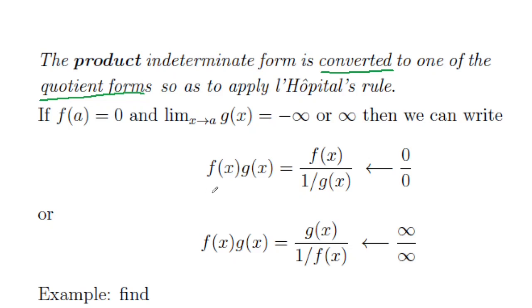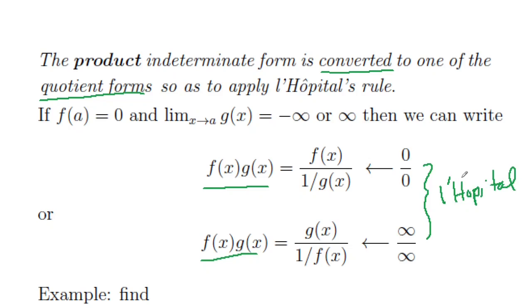We write a product of two functions as a quotient, either in this form with the g going in the denominator or in this form with the f going in the denominator. If one of these two forms is a 0 over 0, then the other is infinity over infinity, and we can apply L'Hopital's rule to this.